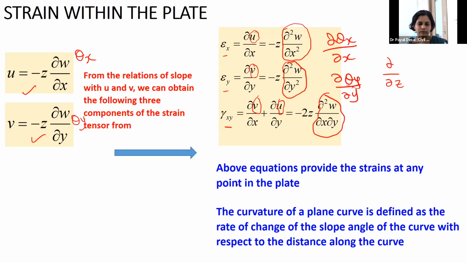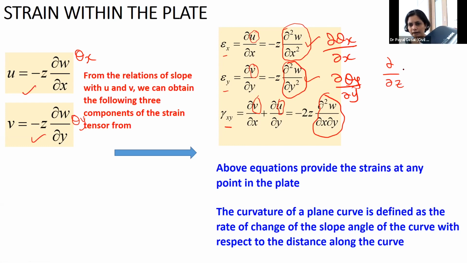So this is the strain in the two-dimensional plate, and we have defined curvature. In our next slide we will see the geometrical significance, which is very easy to understand: if this is a slope, then there is the rate of change of the slope in the same direction.